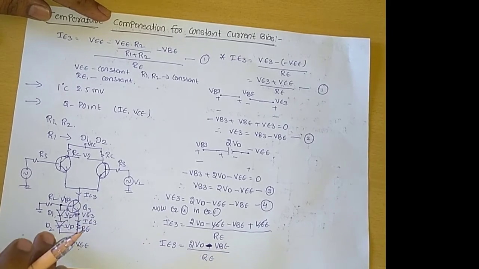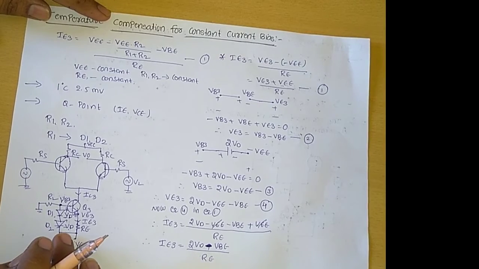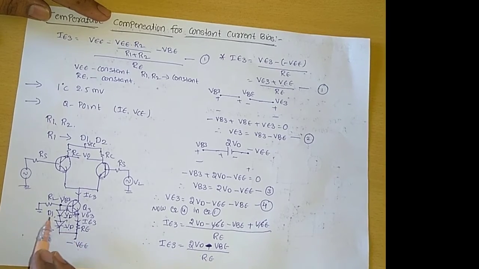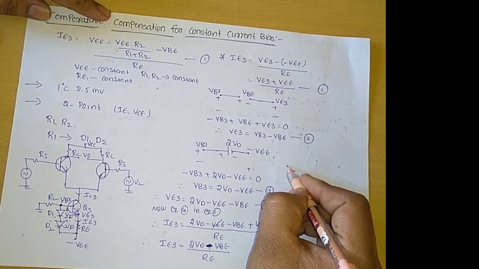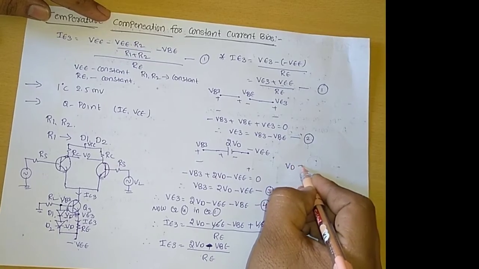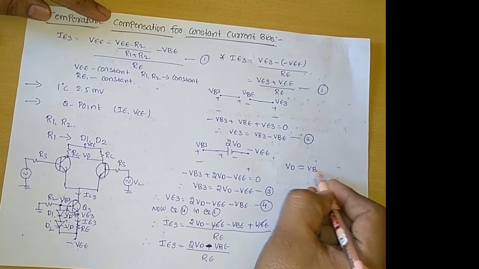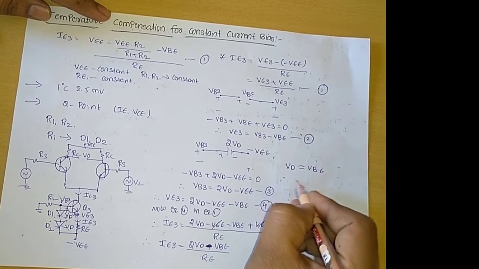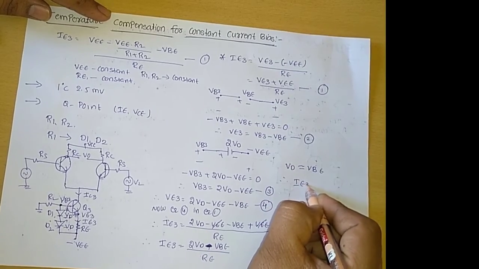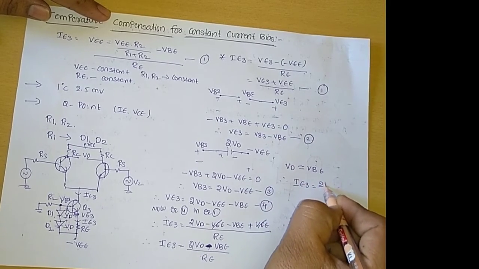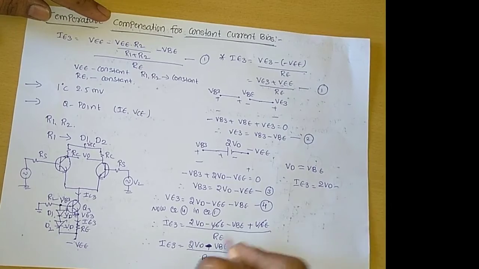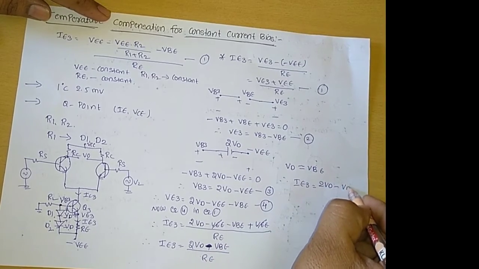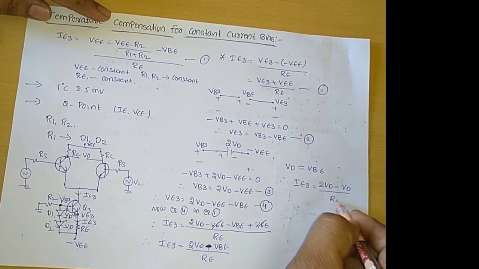So in this circuit, if both the diode and BJT characteristics are the same, it means that the voltage of the diode VD is the same as VBE. At that time we will get IE3 equal to 2 into VD minus this VBE, which we consider as VD, whole by RE.